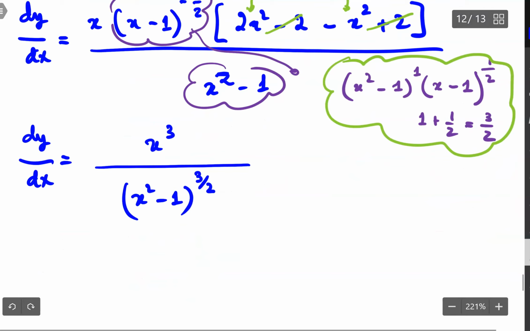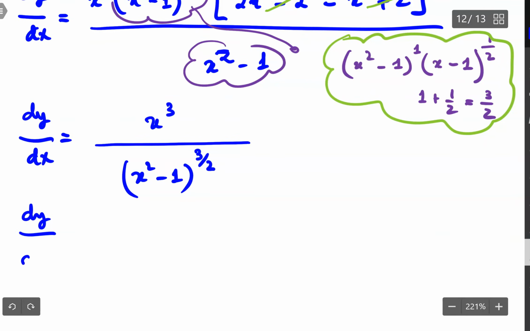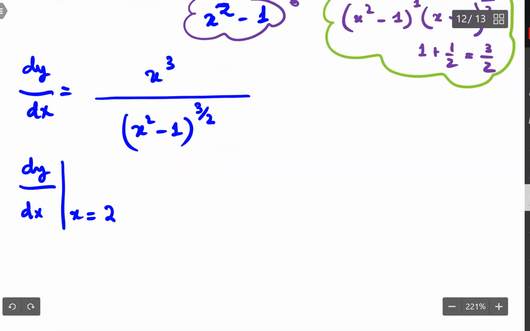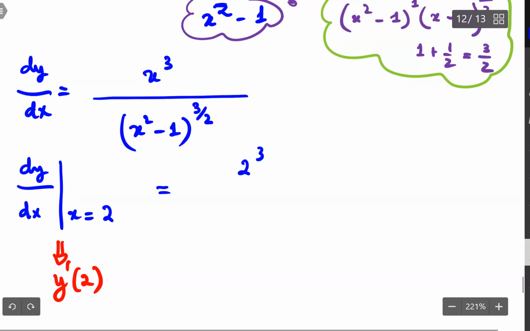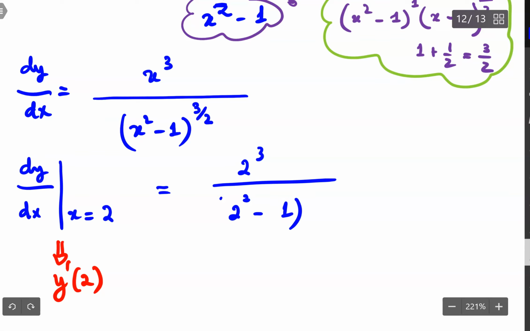So now I am going to evaluate y prime of 2. So I can write dy over dx, evaluated at x equal to 2. And this is the same as writing y prime of 2. So let's see what we have. Now you are going to substitute in 2 to the exponent 3, and then you have 2 squared, subtract 1, all of it to the exponent 3 over 2.